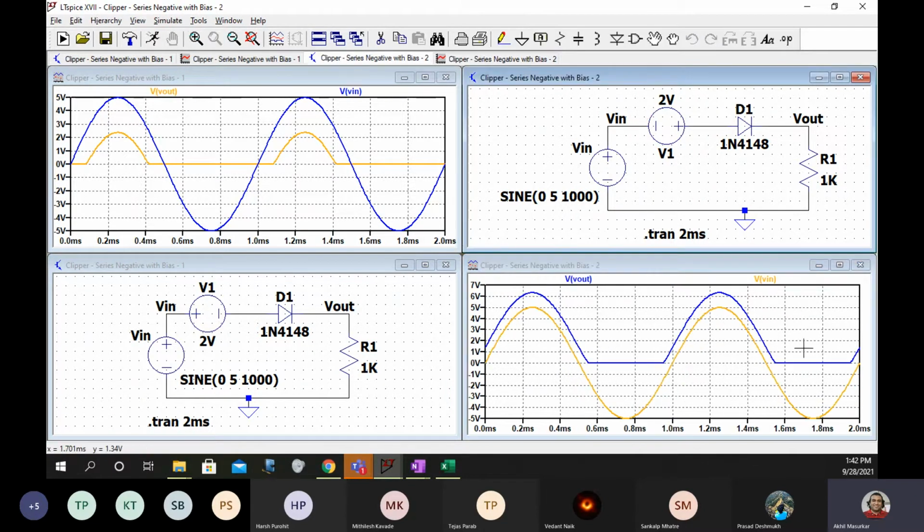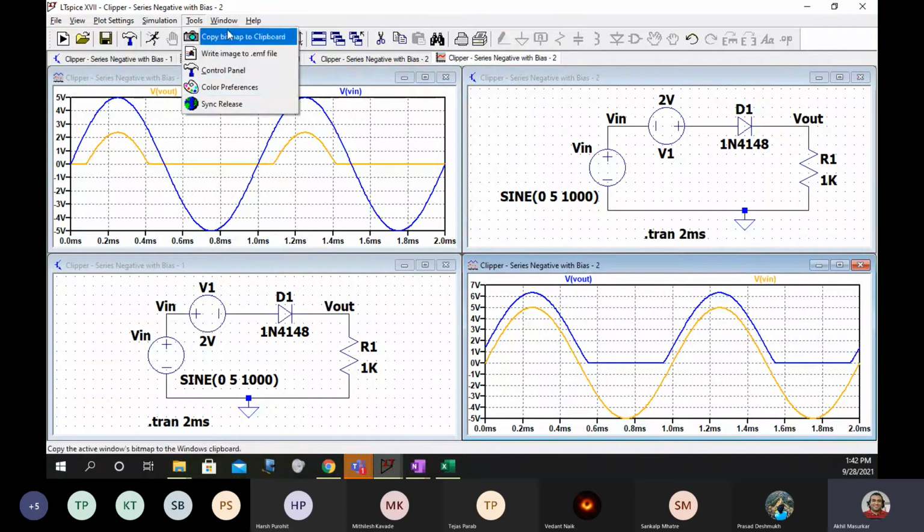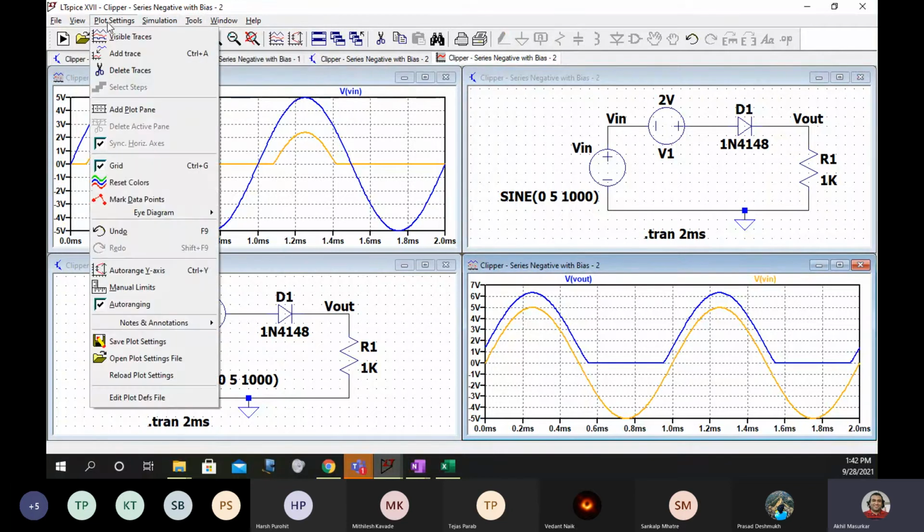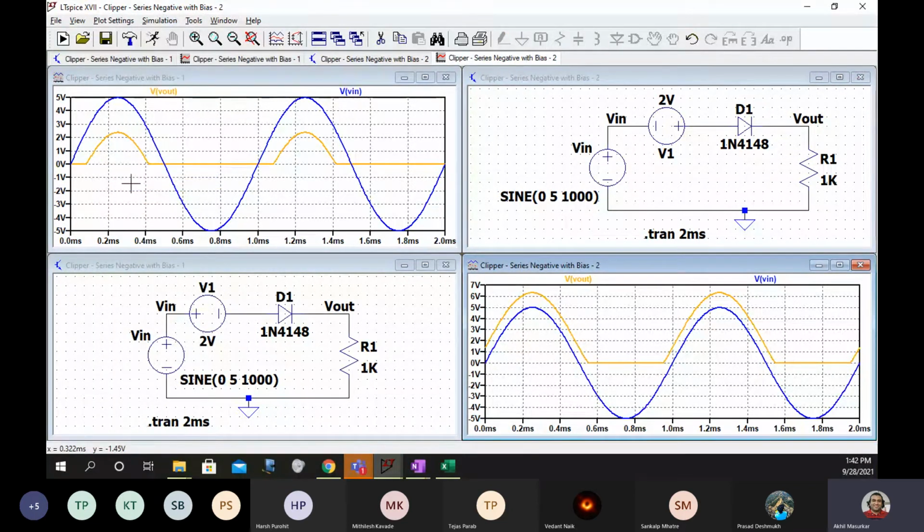This is my Vin and Vout. I just said reset. Why did I say reset? Because in the first waveform, Vin was blue, Vout was yellow, and here it was the other way around. So that might create some confusion.